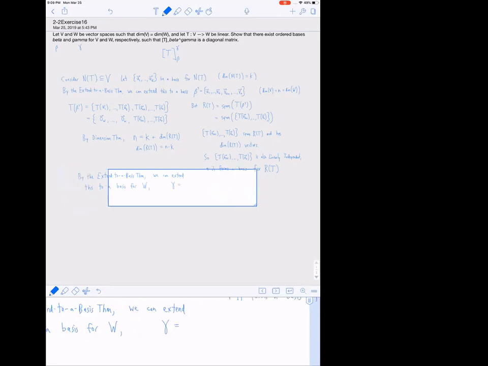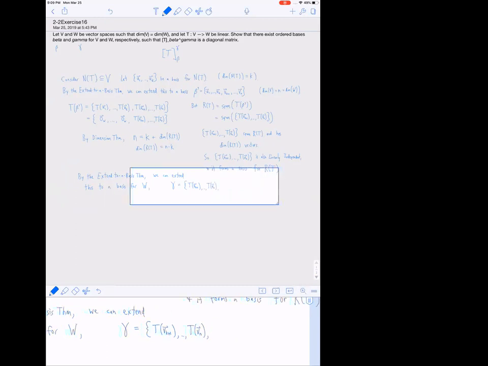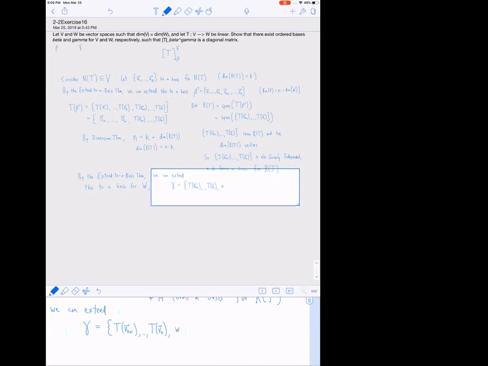This will be T of vk plus 1 up through T of vn. And then I guess we need k more vectors, w1 through wk.